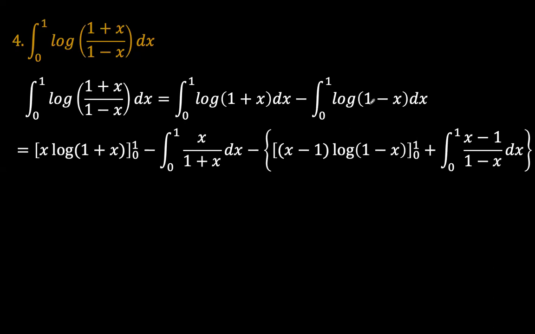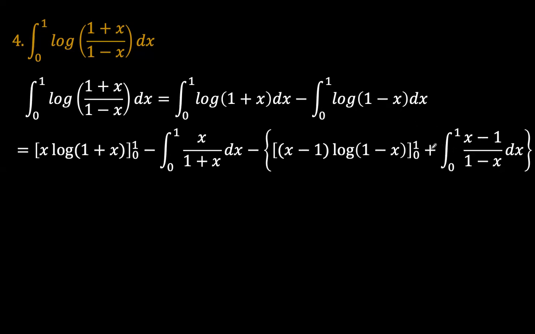And then we have the log of 1 minus x. We assume that dv is x minus 1, and such that uv is x minus 1 times log 1 minus x, minus the derivative of log 1 minus x, which is definitely negative 1 over 1 minus x, times 1.